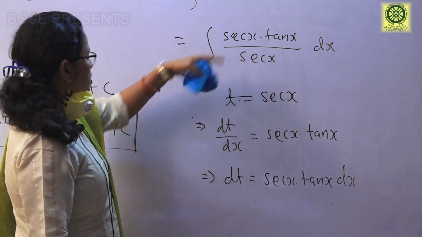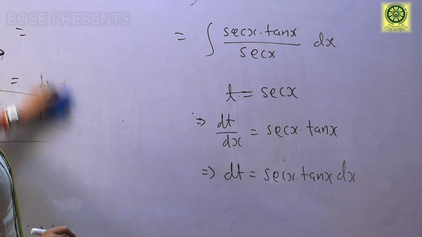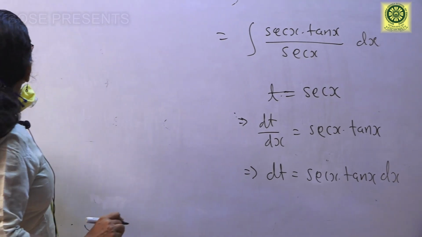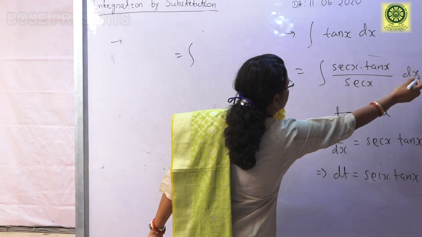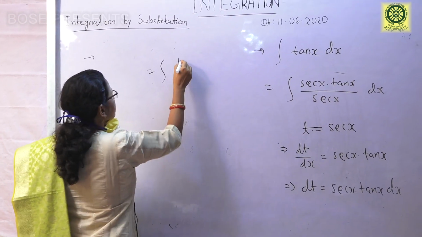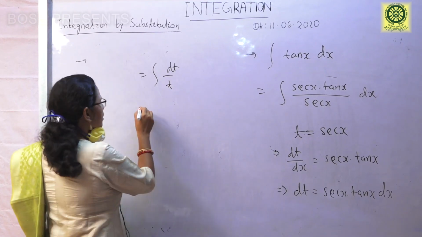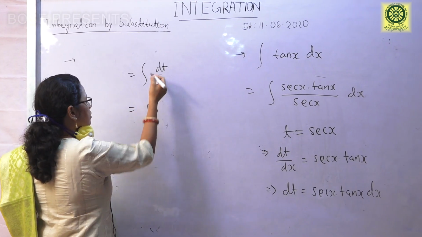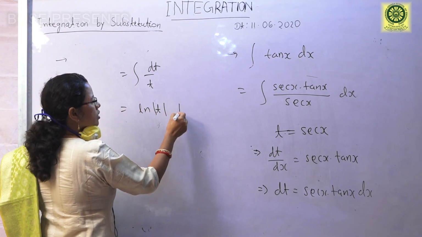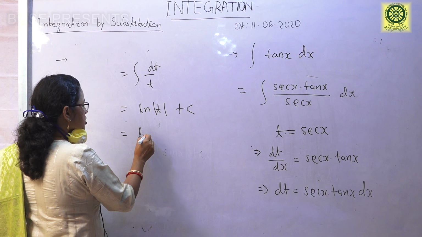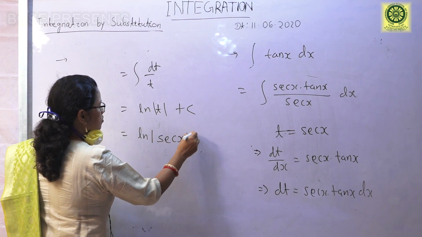Then using this substitution, our problem becomes, in place of sec x tan x dx, just write dt, and in place of sec x, just write t. Now the integral of 1 by t with respect to t is ln mod t plus c. Now just replace t by sec x.